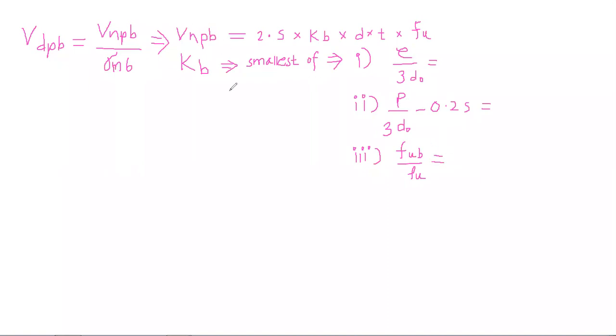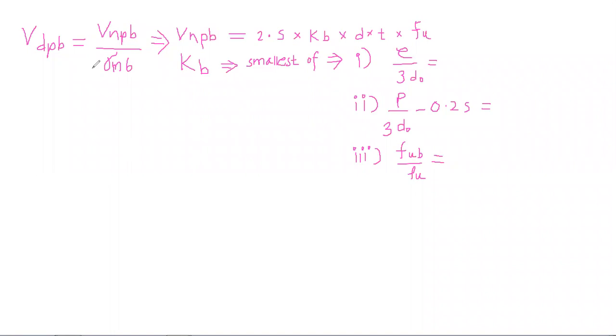So now here the bearing capacity or bearing strength of this type of connection can be found out by this formula. VDPB is equal to VNPB, that is nominal bearing capacity, divided by the partial factor of safety, that is the gamma MB.